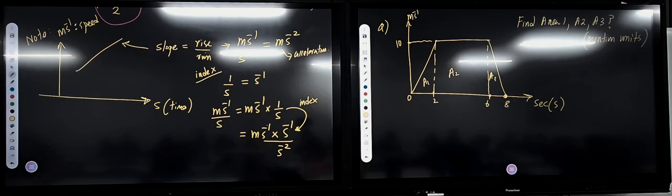Okay, do the second part and then we'll answer. We get ready for A3. What is A3 value? 10. A3 also 10? Okay, A1 is 10, A3 is 10.